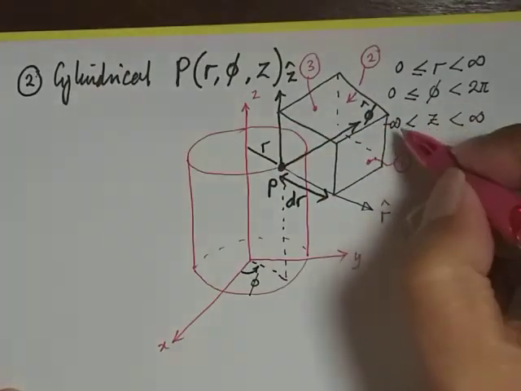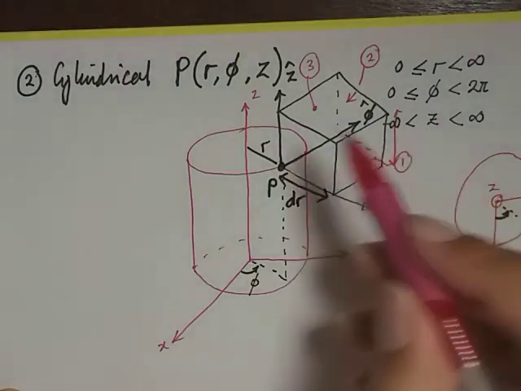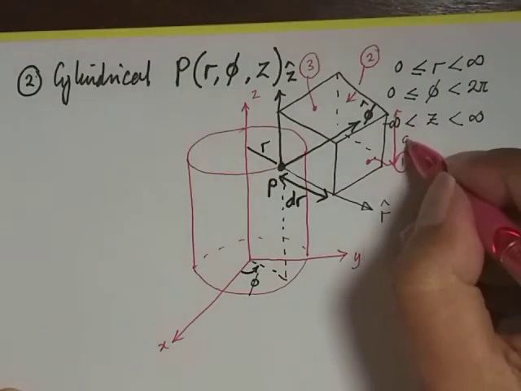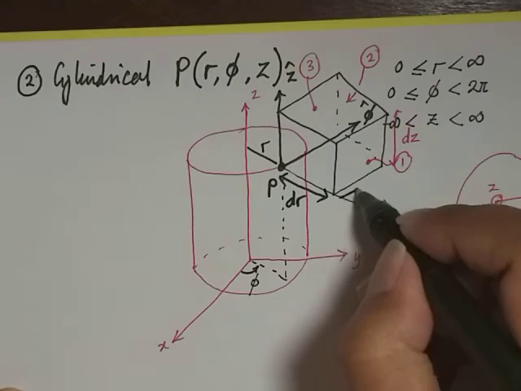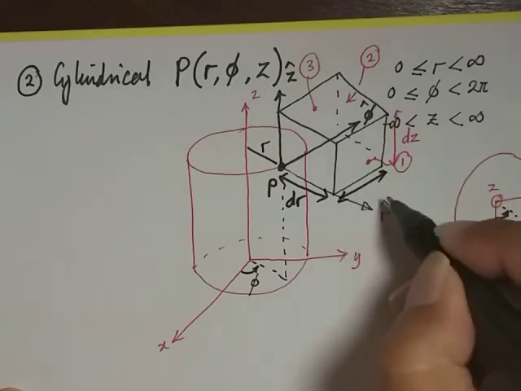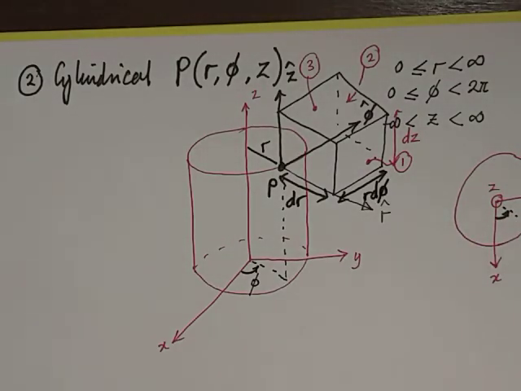For this particular side of the box, we are referring to the z-axis, therefore the small change is known as dz. And finally, the third side of this box is going to be defined to be r d phi.